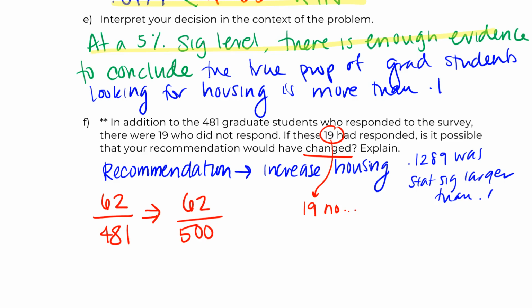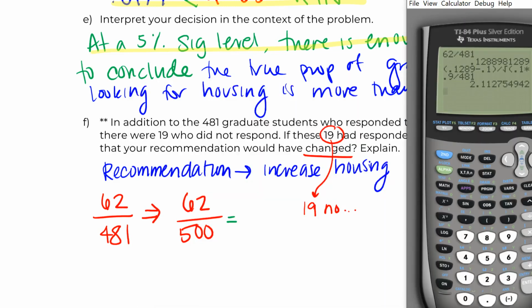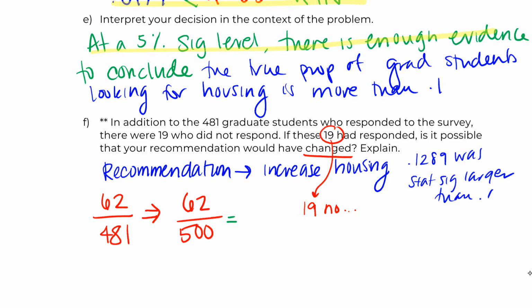Because the 19 people, they wouldn't have gotten added to the top because they said no, but they would have been added to our sample size. So this will weaken our evidence. So now instead of 0.1289, this is math I should be able to do in my head, but I cannot. So it is like 4 in the morning. 62 divided by 500. Now we're looking at 0.124.